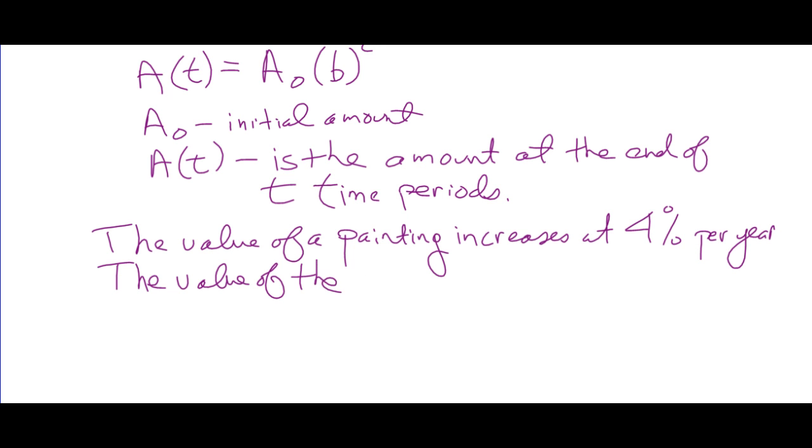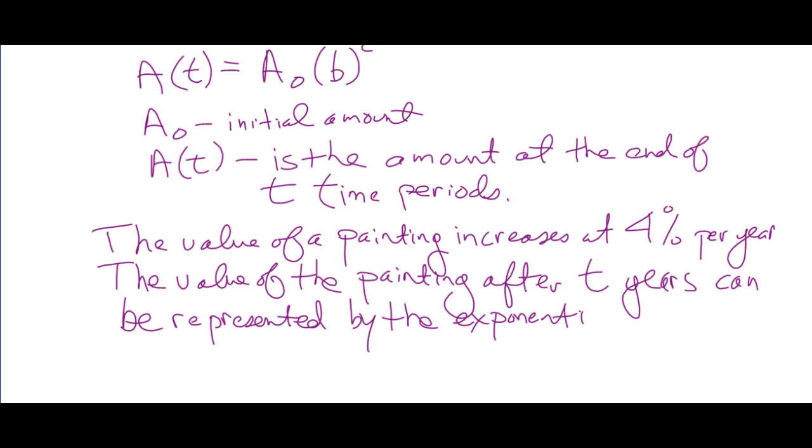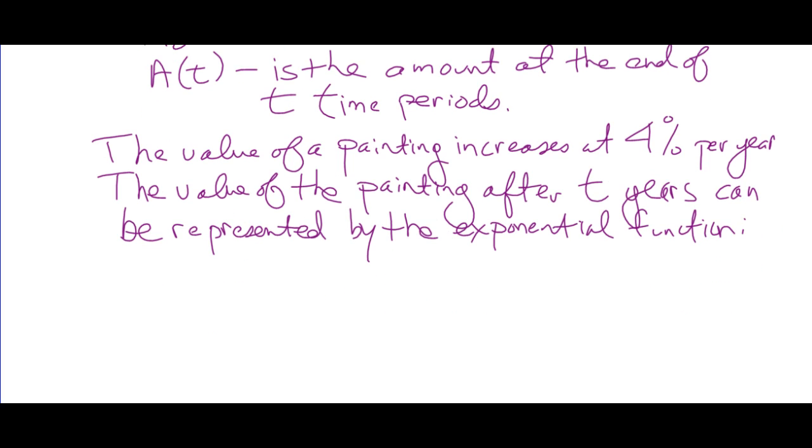The value of the painting after t years can be represented by the exponential function V equals V naught times 1.04 to the power of t.